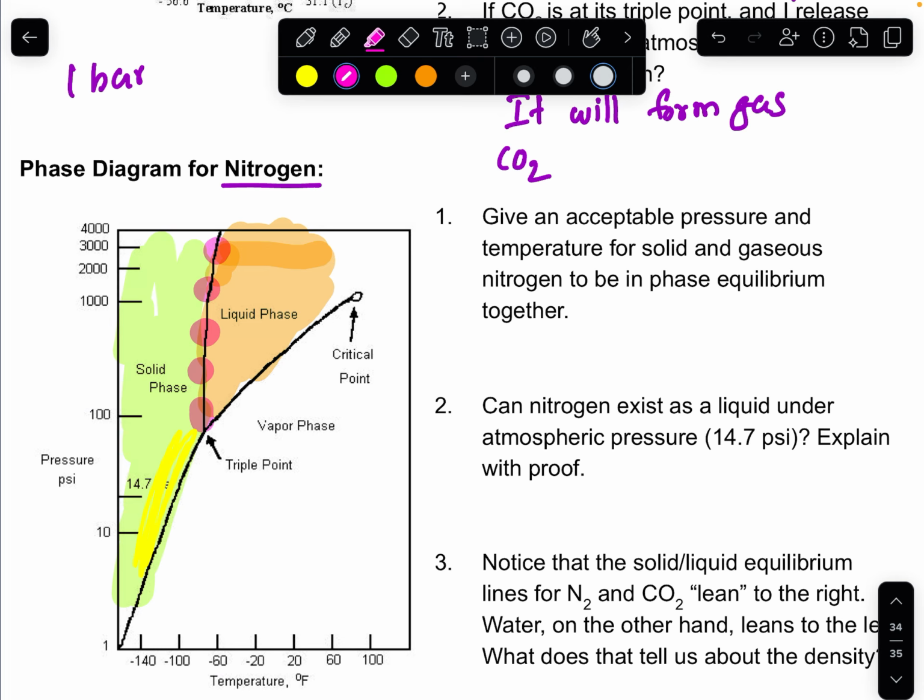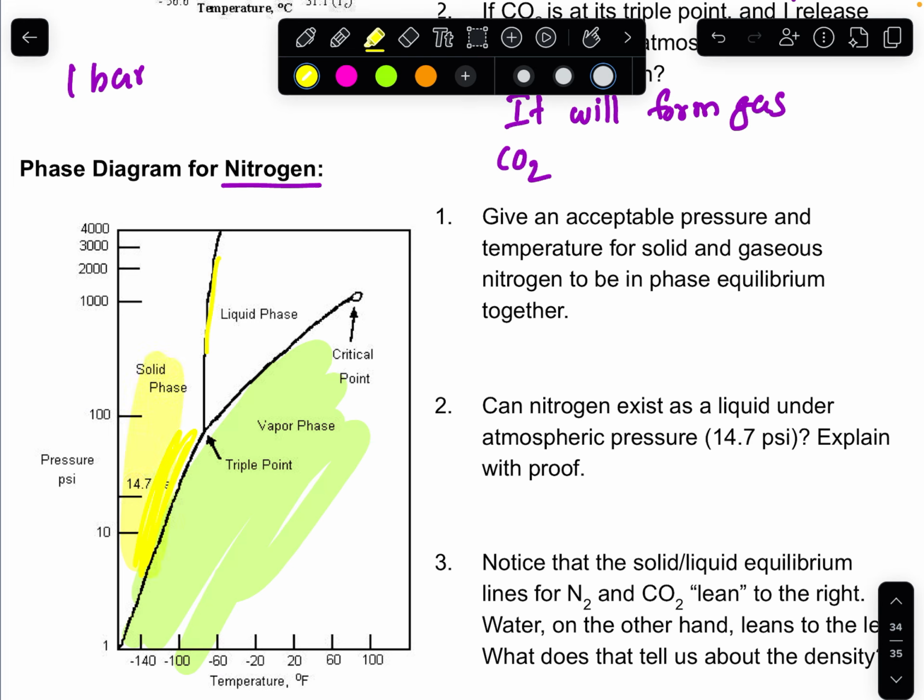So temperature, write that. Give an acceptable pressure and temperature for solid and gas. Okay, let me erase this, that's not right. It is asking solid and gas. So we need these two, solid and gas.